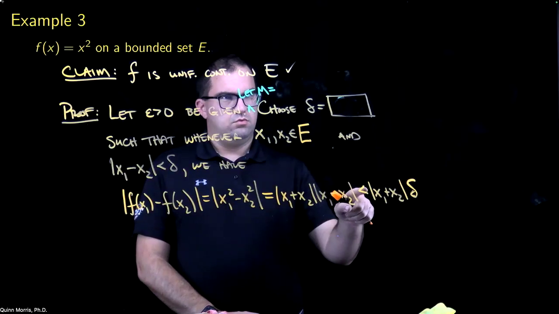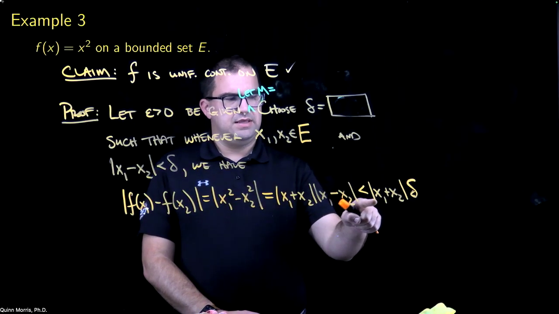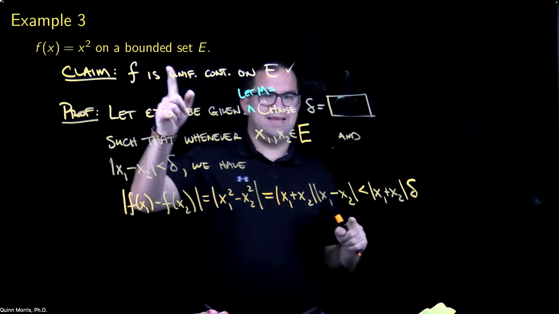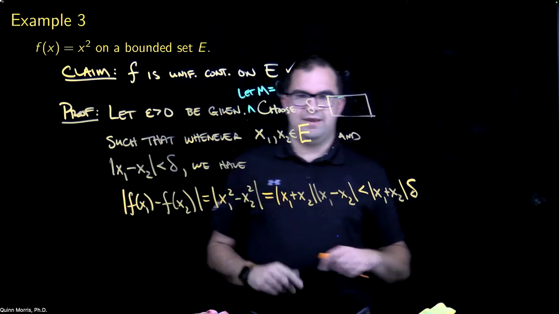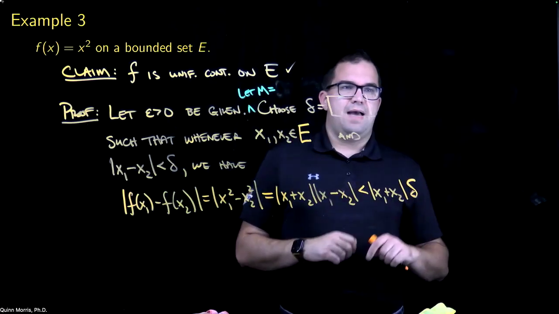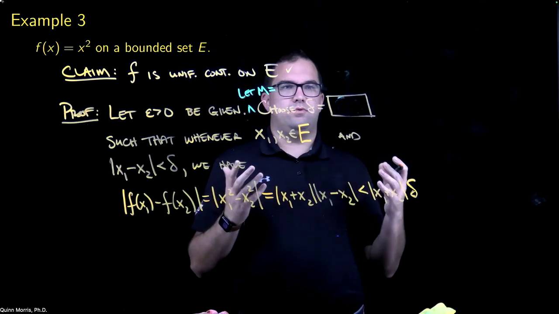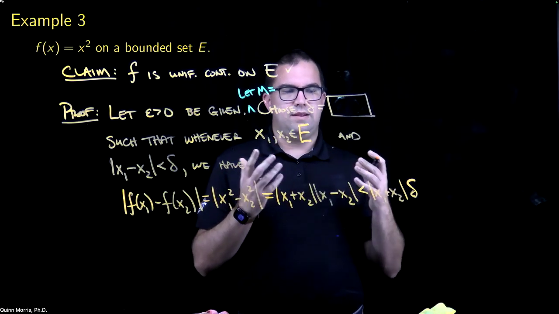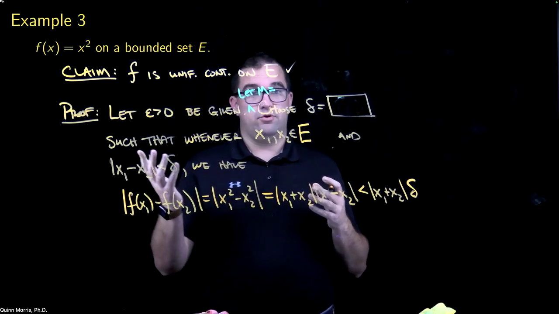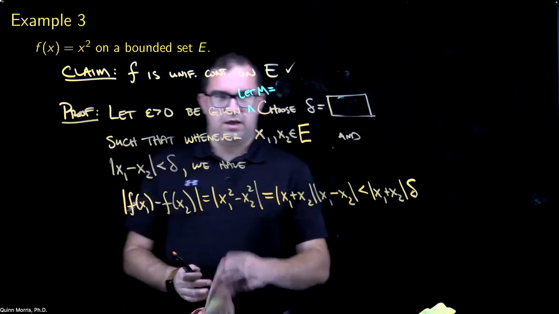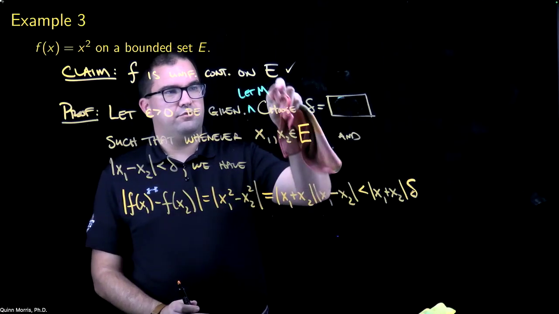Well, what is this? So again, I'm assuming now that my set E is bounded and x1 and x2 are in E. That means there is some upper bound on what x can be, and there's also some lower bound on what the x values can be in E. So what I'm going to do here is something a little bit different.